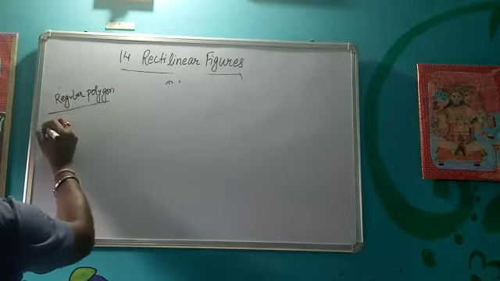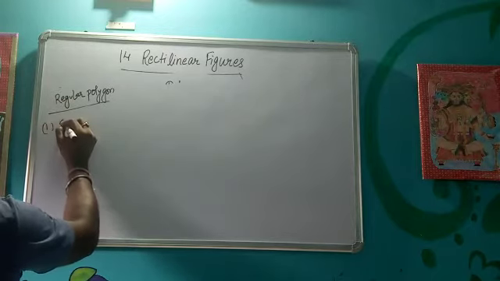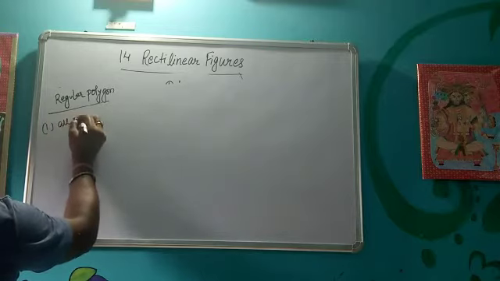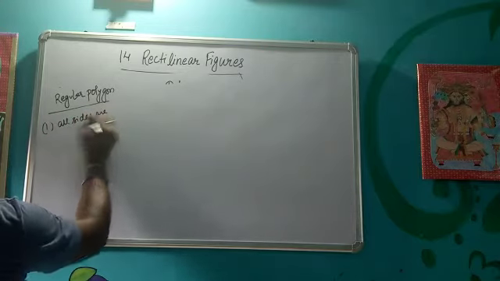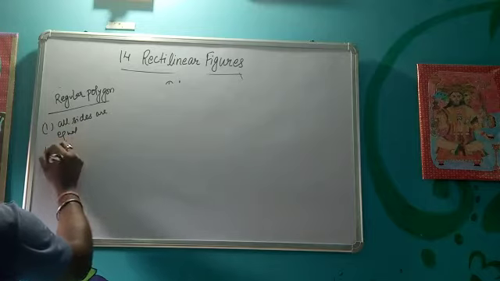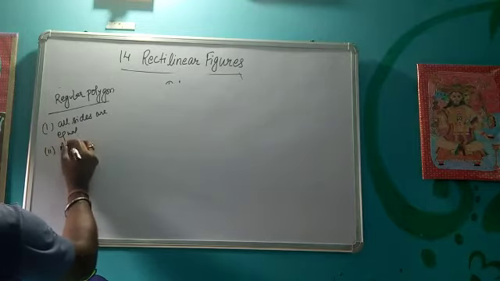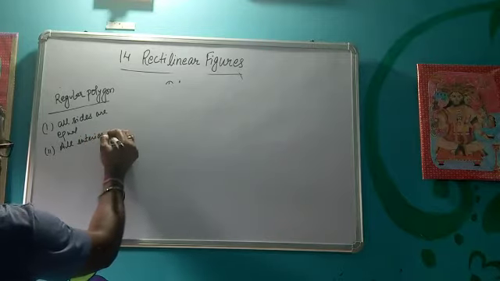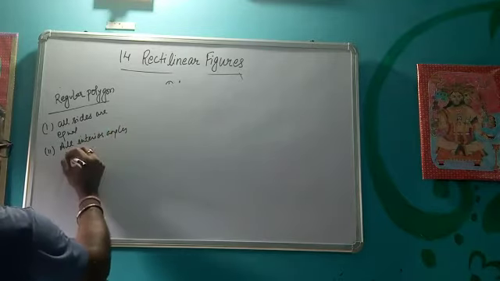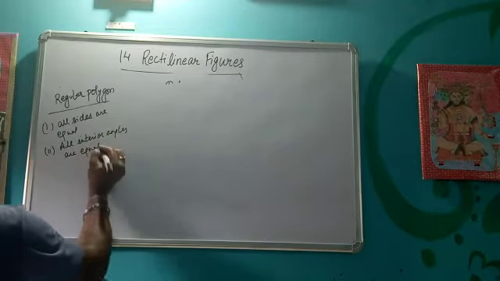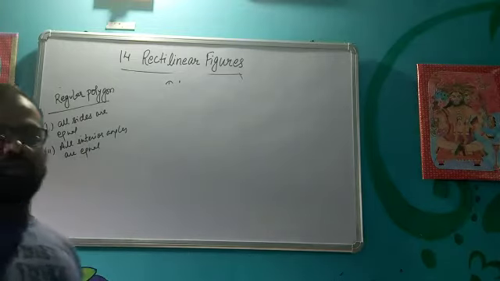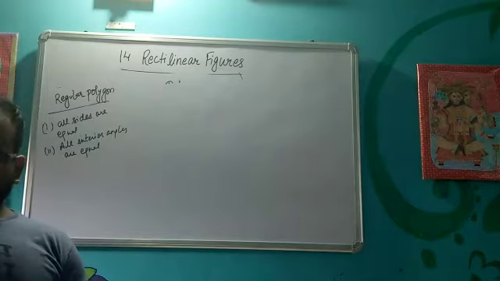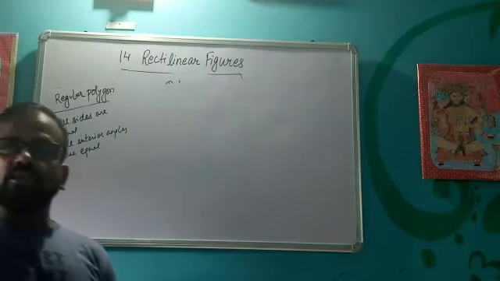A regular polygon means all sides are equal, and all interior angles are equal. So in a regular polygon, all sides are equal to each other and all interior angles are equal to each other.